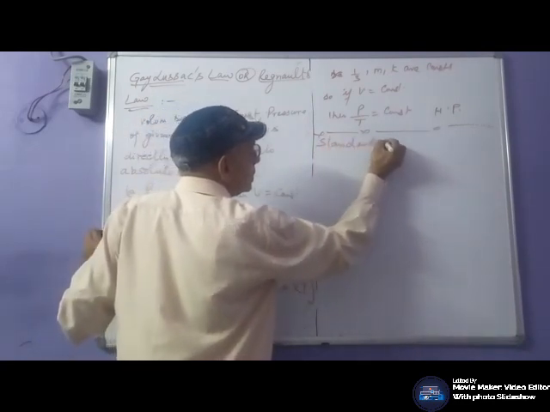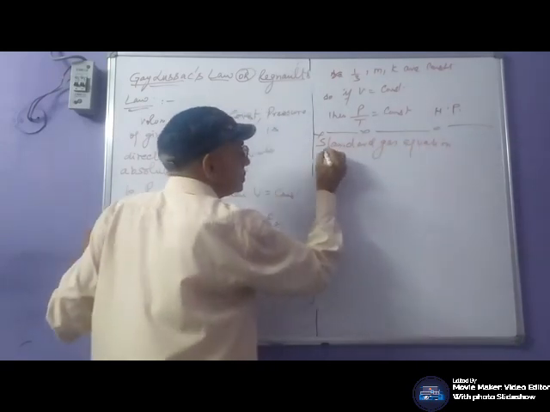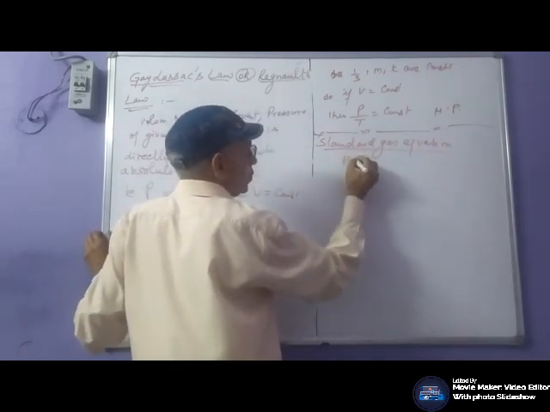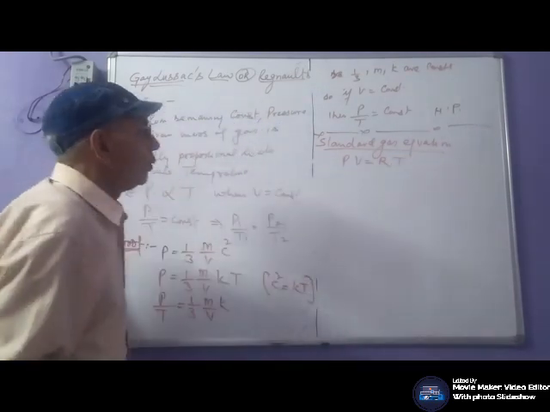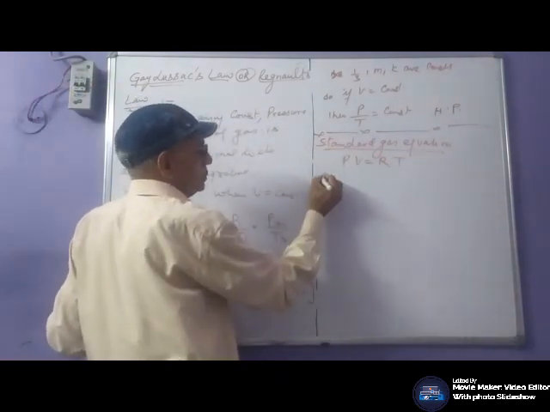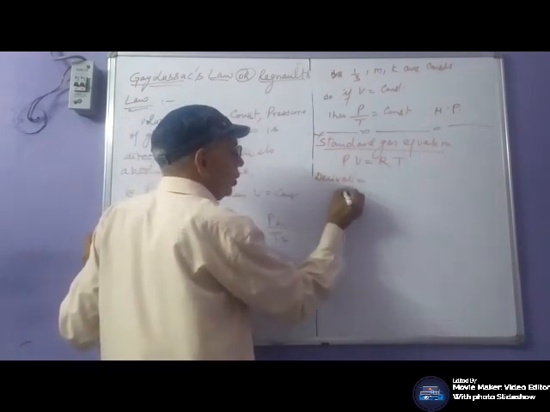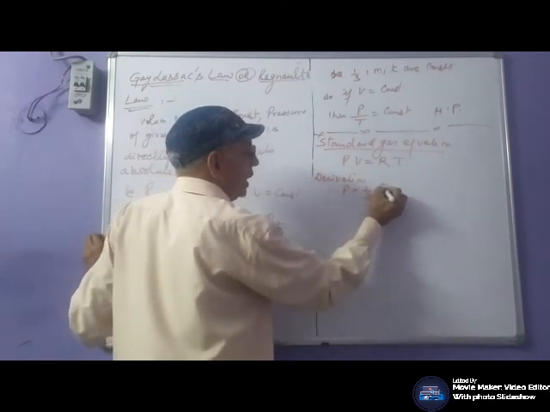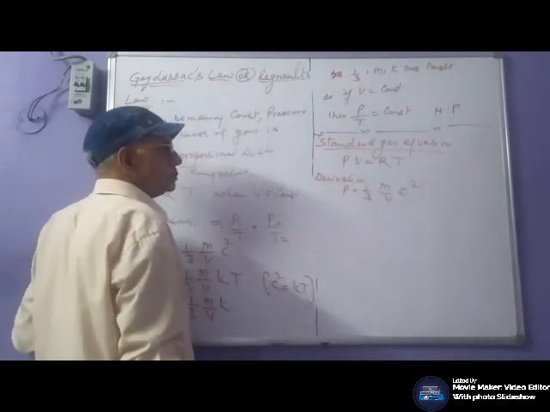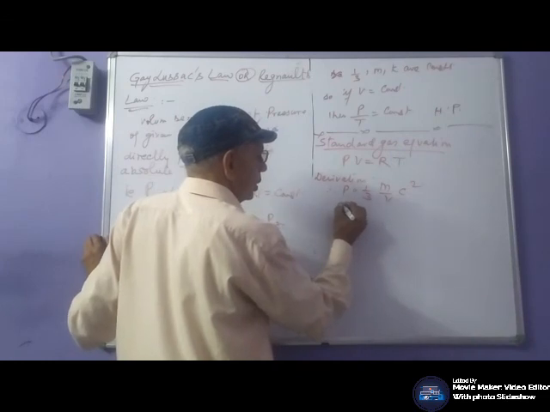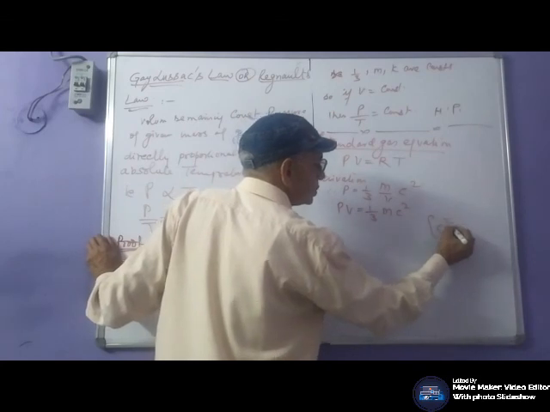Standard gas equation. PV is RT for 1 mole of gas. Derivation: we know pressure is 1 by 3 m by V c square, or PV is 1 by 3 mc square. C square is kT.